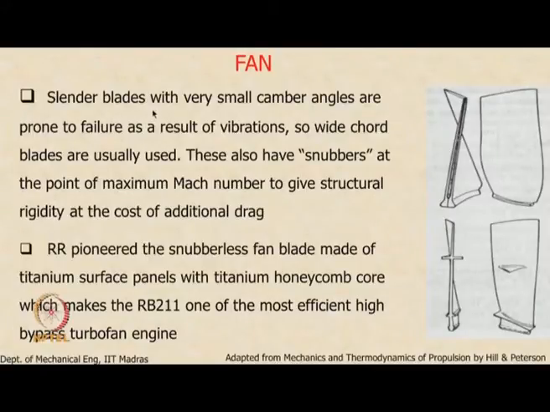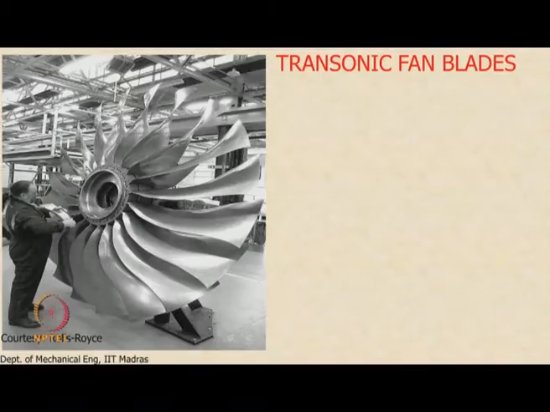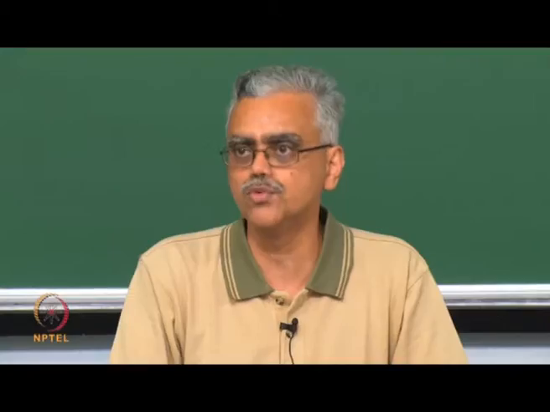So other challenges with the fan blade, in addition to the load, have to do with vibration. If you look at a fan blade like this, it is a tall slender structure, okay, and all of you would have studied in your strength of materials course or design courses that tall slender structures are very prone to failure due to vibration.